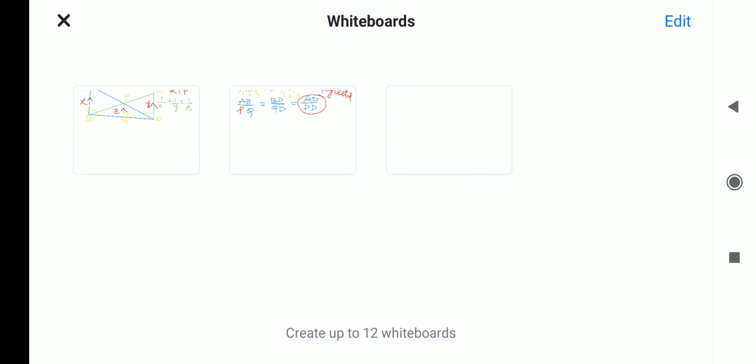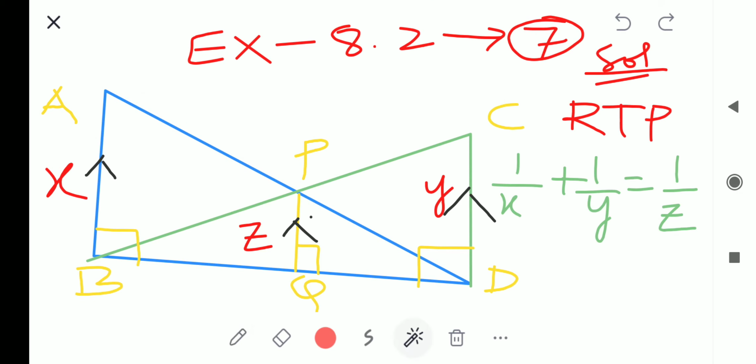Next, coming to the figure, taking another right triangle BDC. In triangle BDC, first side BD, second side DC, third side CB, in which the line PQ is parallel to side CD.